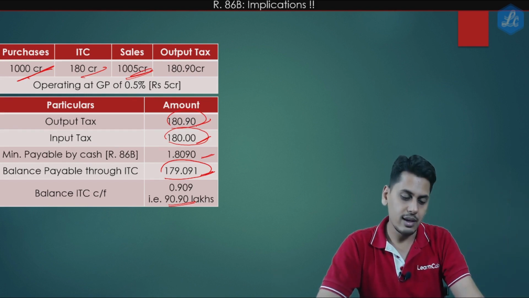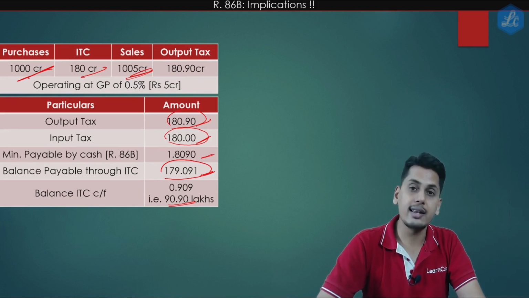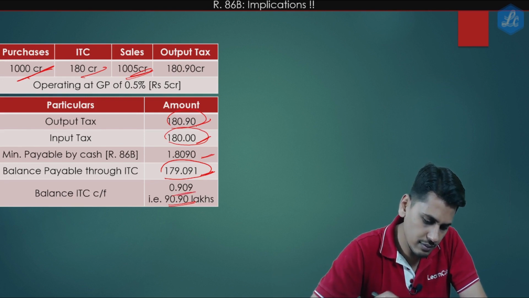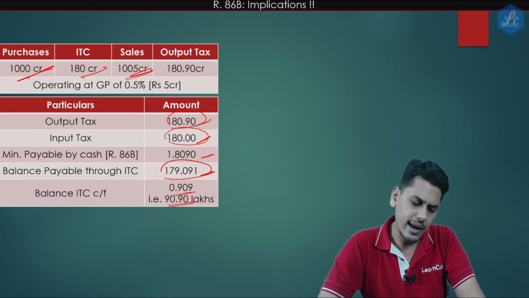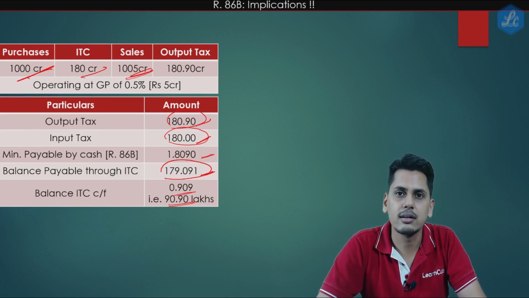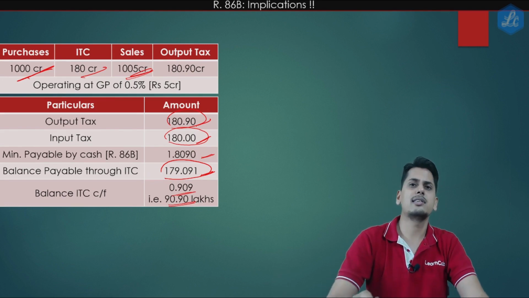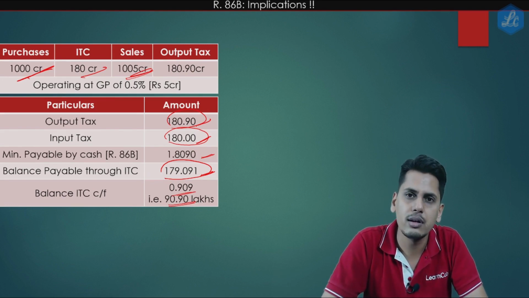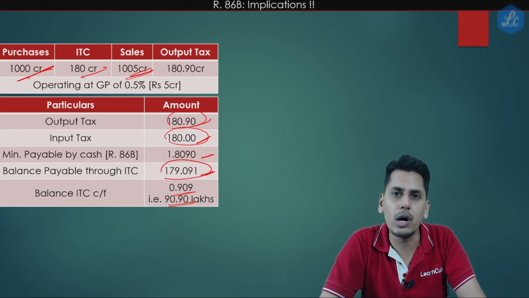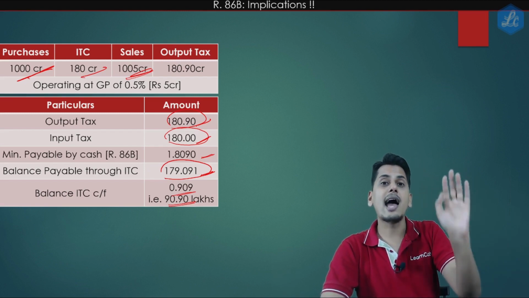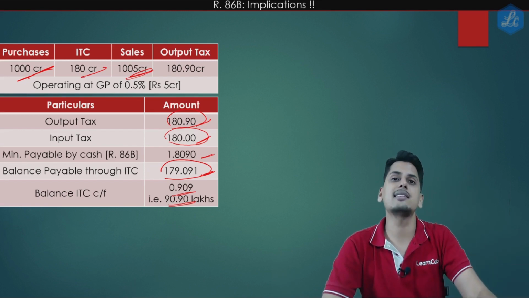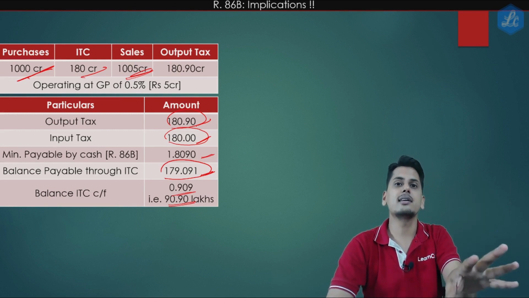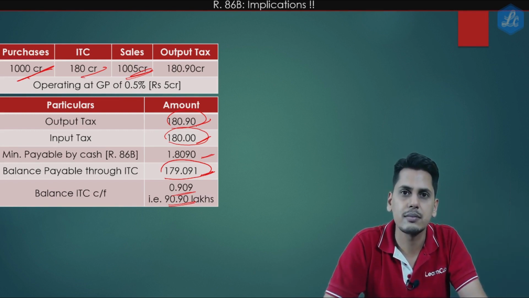So each month I would have an input tax credit carried forward of 90.90 lakhs. So the government says, never mind, carry it forward. He says, what would I do carrying it forward? Only if I have some source where I can utilize this credit, there is sense in keeping these in my current assets.